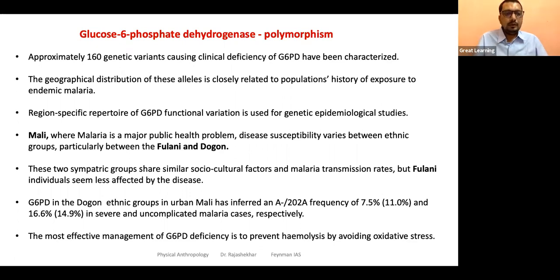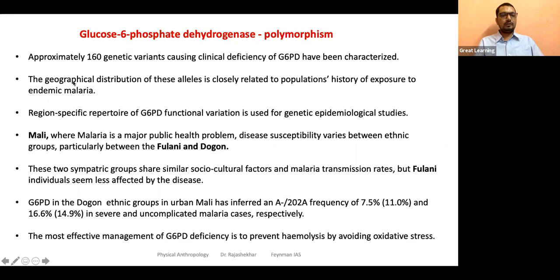Especially, as I was telling you, you can see a correlation between the incidence of malaria and G6PD deficiency, very much like what we talked about with sickle cell anemia. So there is a higher incidence of G6PD deficiency wherever higher malaria incidence is seen. I think I was already indicating that to you before.